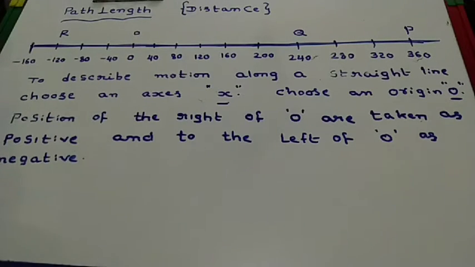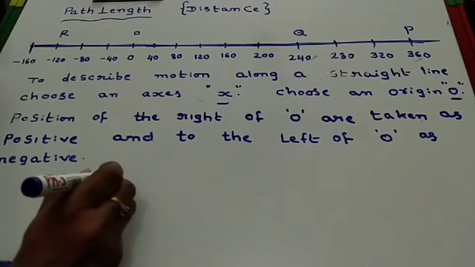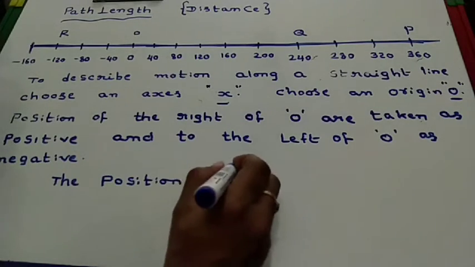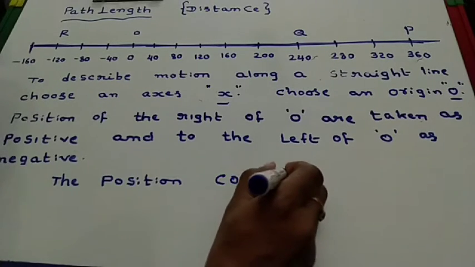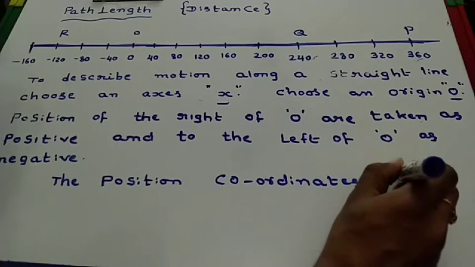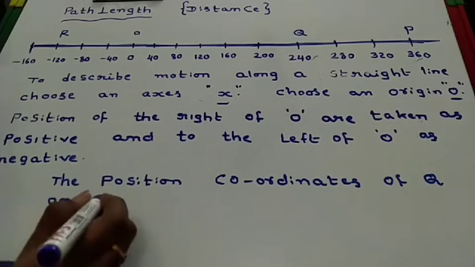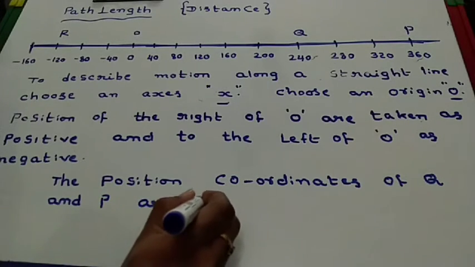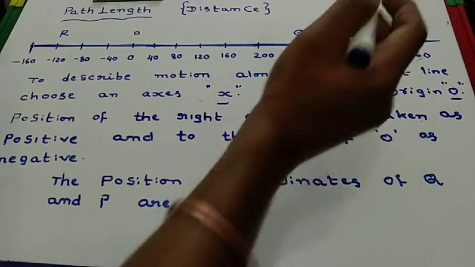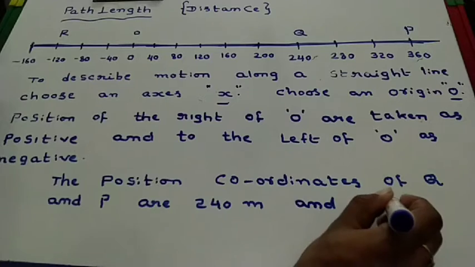Now, the position coordinates of Q and P are 250 meters and 360 meters.